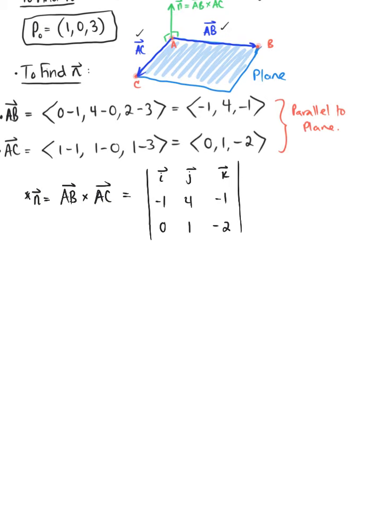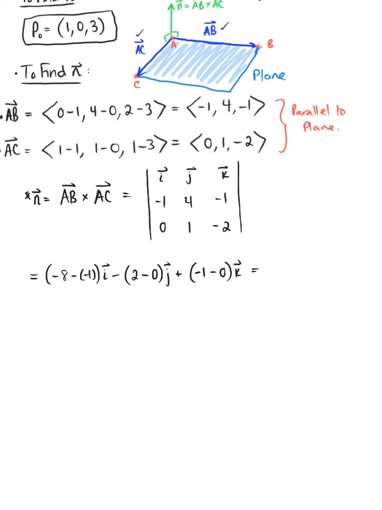So by definition of the cross product, we have 4 times -2 is -8, minus 1 times -1 is -1, i hat, minus -1 times -2 is 2, minus 0 times -1 is 0, j hat, plus -1 times 1 is -1, minus 0 times 4 is 0, k hat.